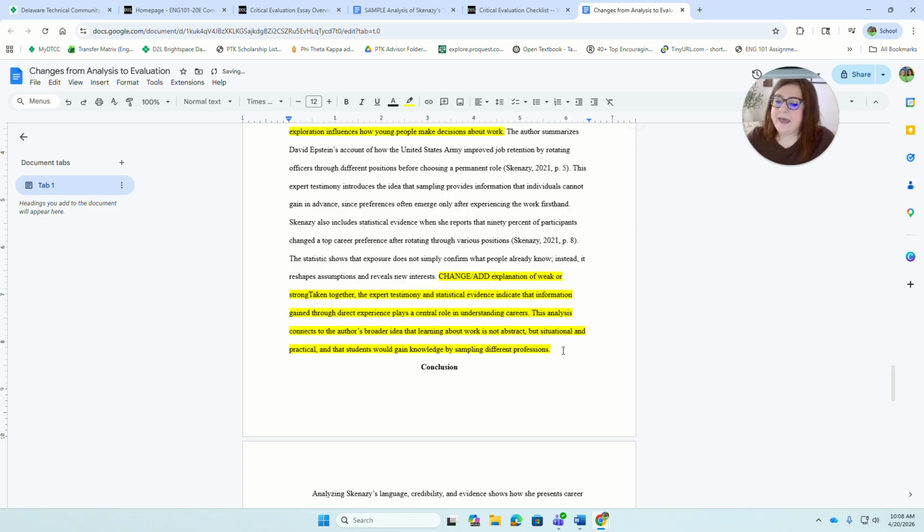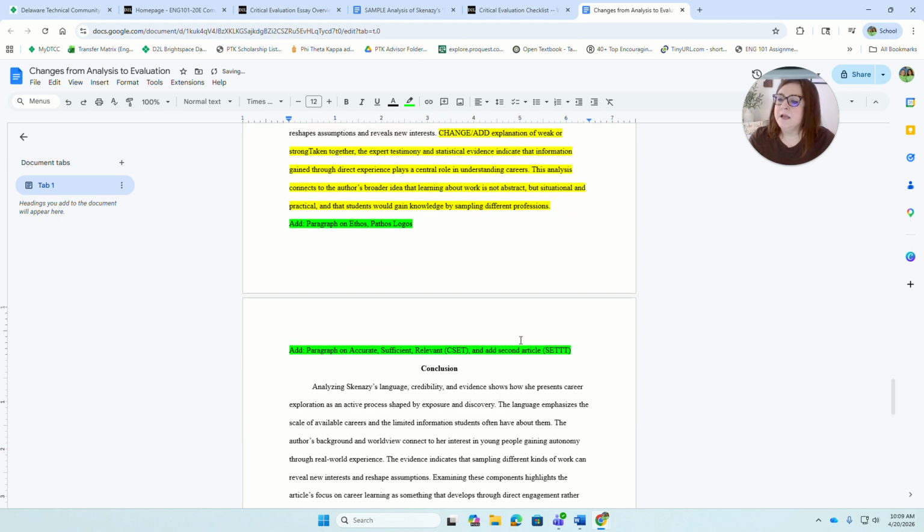And then I'm just going to simply highlight, add paragraph on ethos, pathos, logos. Add paragraph on accurate, sufficient, and relevant. Use second article in C set. And add second article.